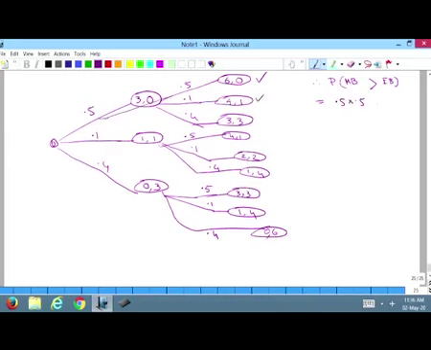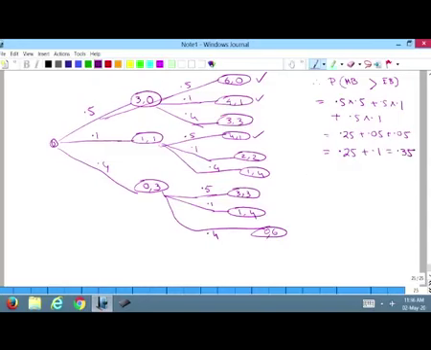This is 4, 1, therefore, it is 0.5 into 0.1, plus this is 4, 1, therefore, 0.5 into 0.1, which is equal to 0.25 plus 0.05 plus 0.05, which is equal to 0.25 plus 0.1, which is equal to 0.35.